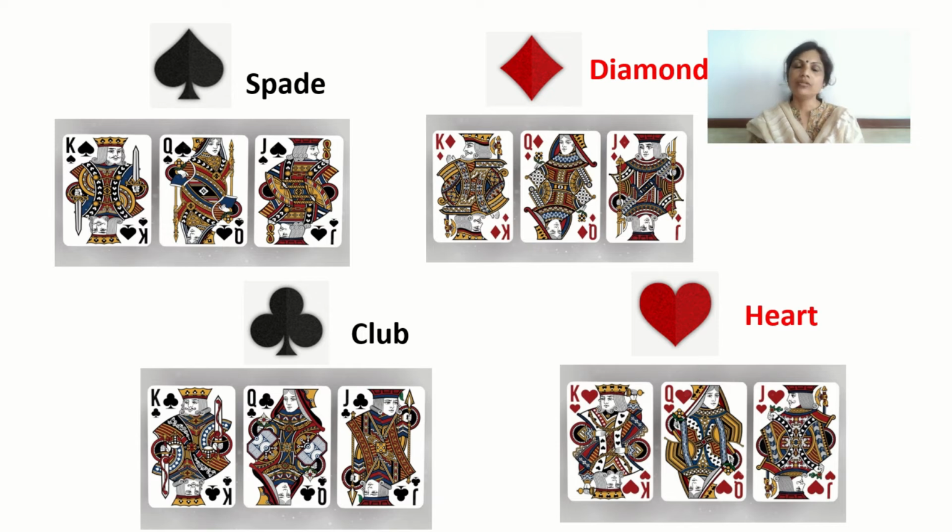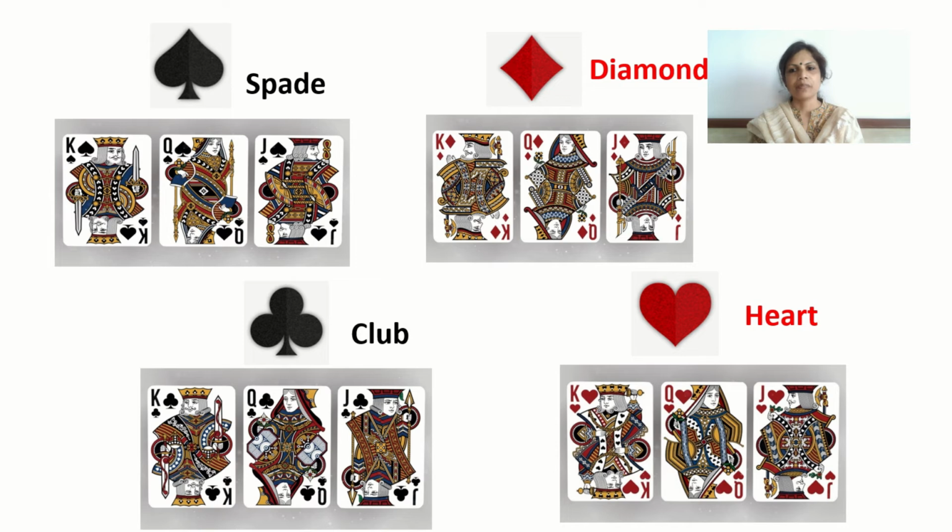So if you count the total face cards of all 4 types, these are 12. So in a pack of 52 playing cards, we have 12 face cards. With this information, our next sum is based on this particular thing only.